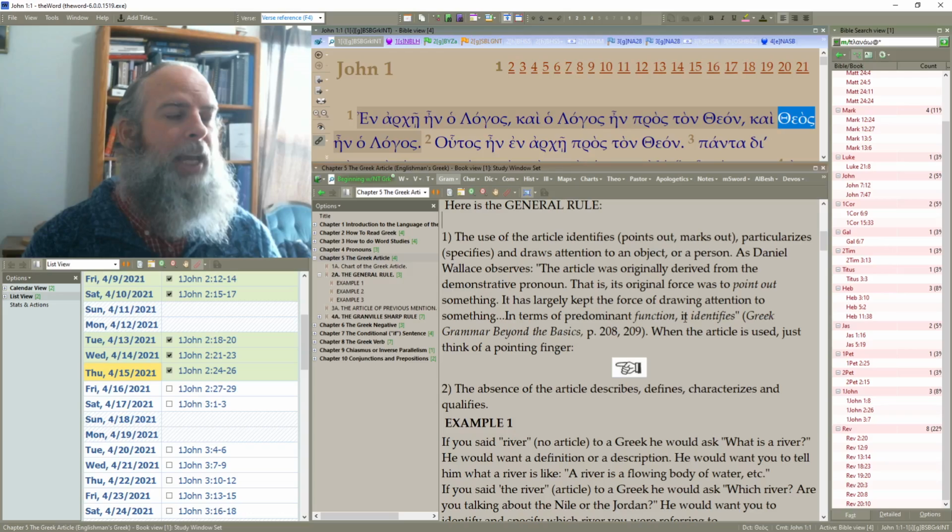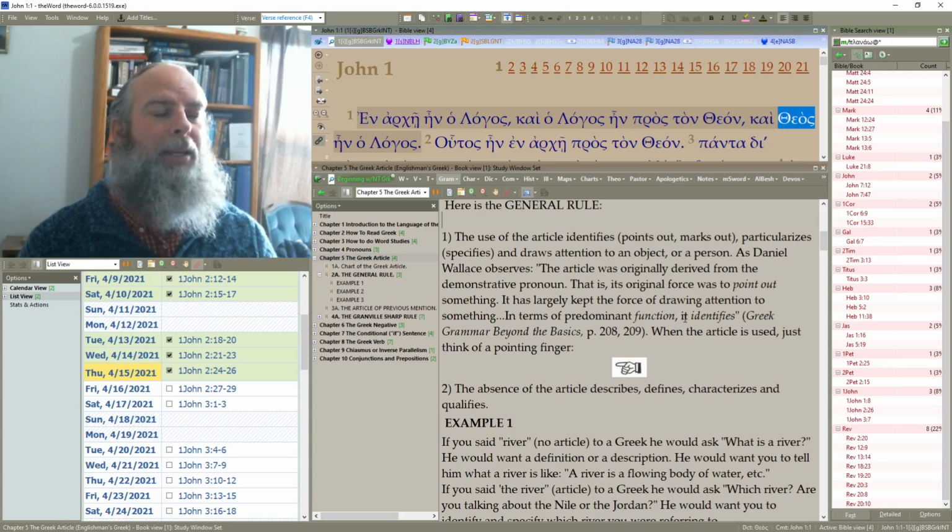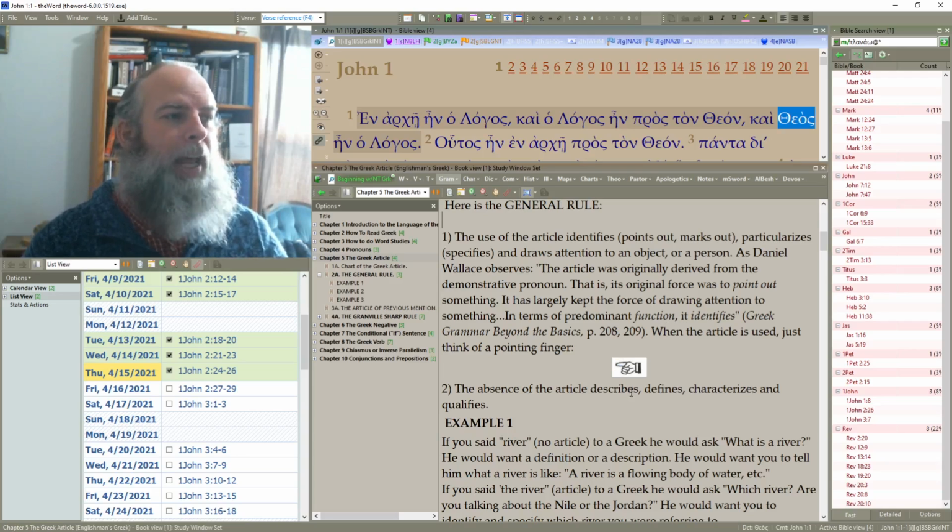It has largely kept the force of drawing attention to something. In terms of predominant function, it identifies. Greek Grammar Beyond the Basics, pages 208 to 209. When the article is used, just think of it as a pointing finger. So it points to something here, like the word, the logos. The word, the God, the word.